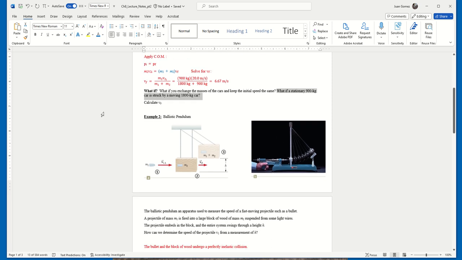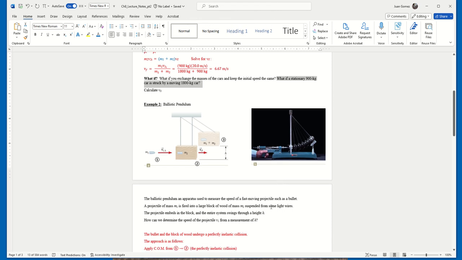Let's look at a very common example called the ballistic pendulum, which gets its name from the field of ballistics. And this is an actual photo of the lab apparatus. Here you have a pendulum suspended from a point, and the spring gun fires a small metal sphere, and the sphere hits the pendulum.